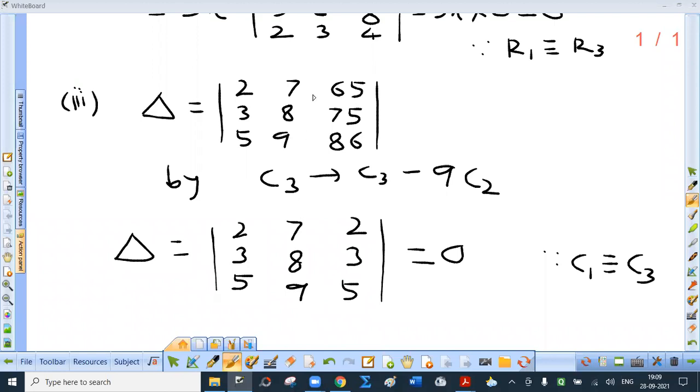I'm sorry. So 65 less 63, 2. 75 less 72, 3. 86 less 81, 5. So C1, C3 are identical. Value of the determinant is 0.